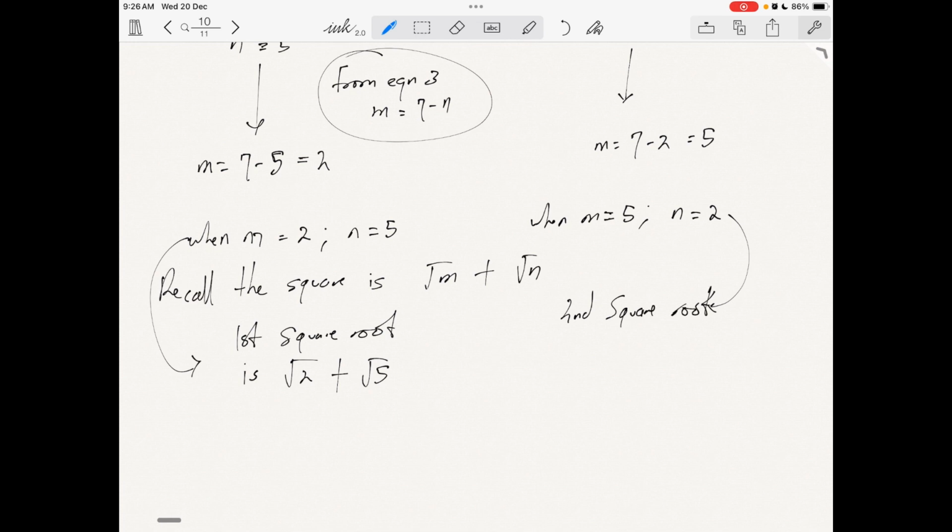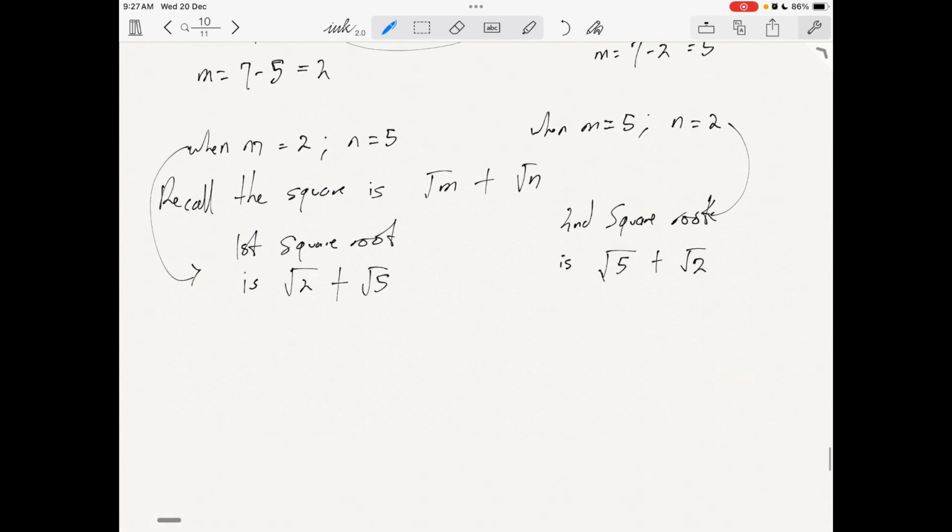So that means we have two square roots: root 2 plus root 5, and root 5 plus root 2. Now we notice that they are the same. So in conclusion, it is root 2 plus root 5, appearing twice.